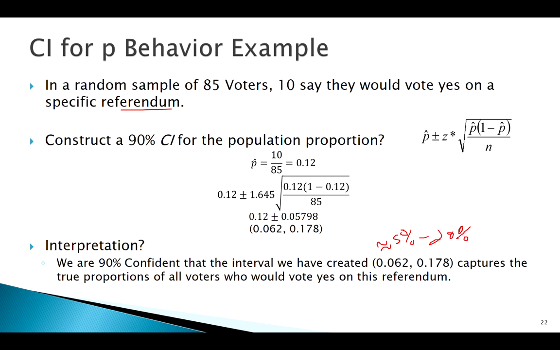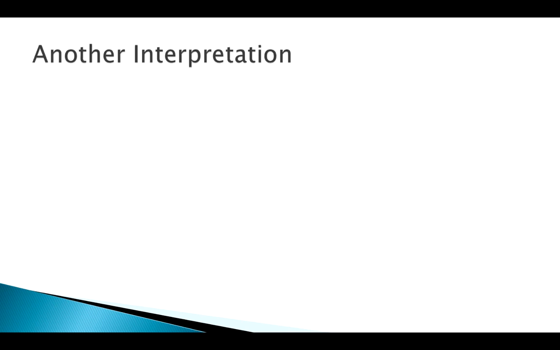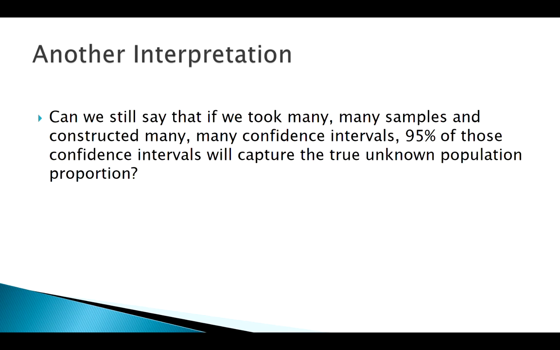So in some ways, when P is our parameter of interest, our precision matters even more than when mu is our parameter of interest. We're going to think about that precision. The other interpretation of confidence intervals that we have seen before: if we took a whole bunch of samples, we'd expect CL% of those to actually do their job correctly. Or if it was a 95% confidence interval, we'd expect 95% of them to capture our parameter of interest, the proportion.